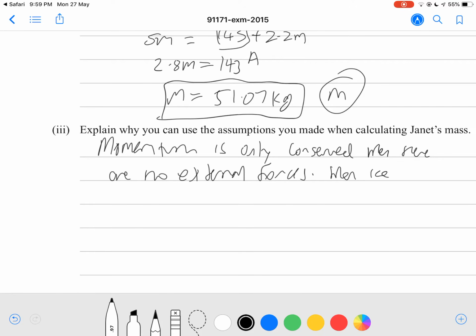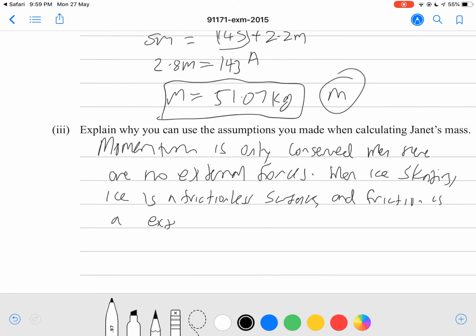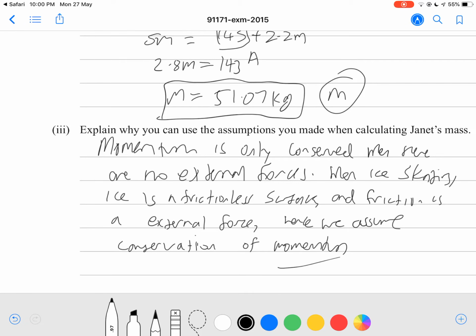When ice skating, we're gonna say that ice is a frictionless surface, and friction is an external force. Hence we assume conservation of momentum.